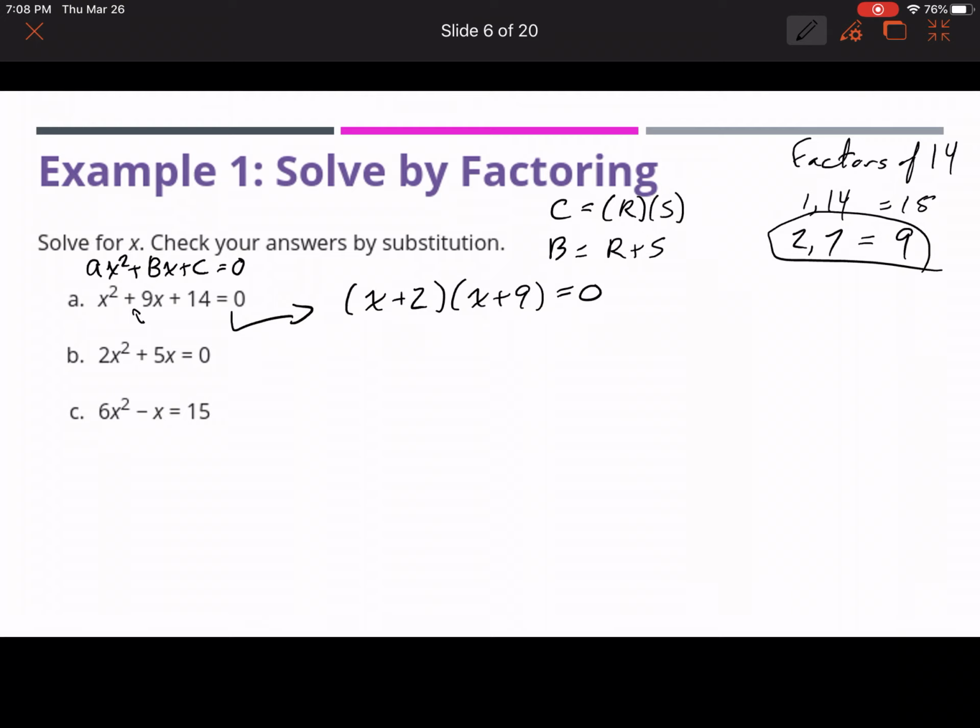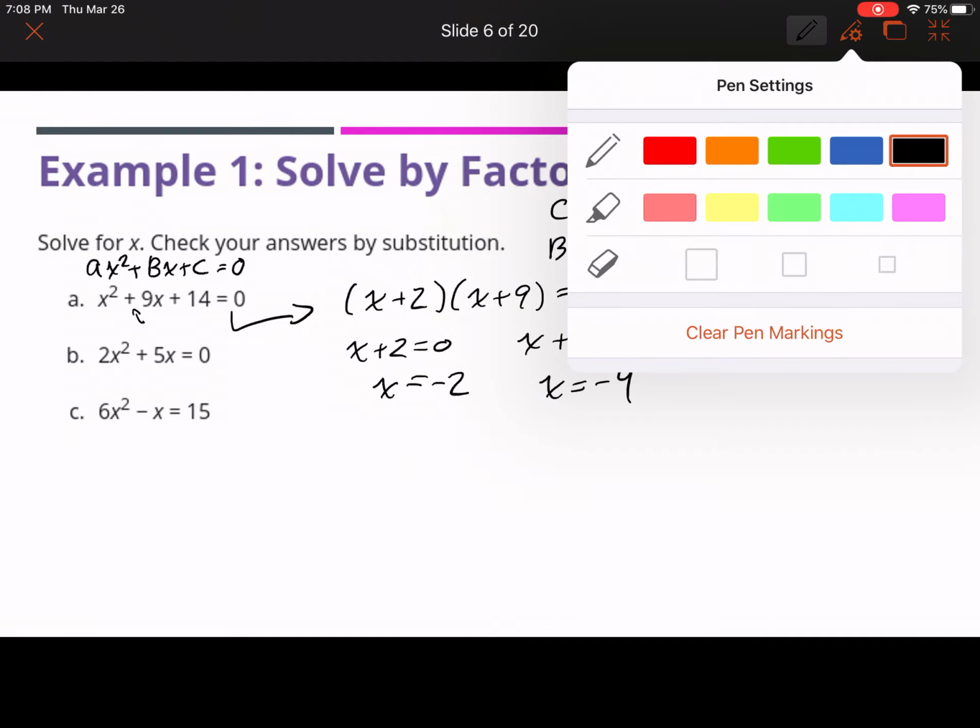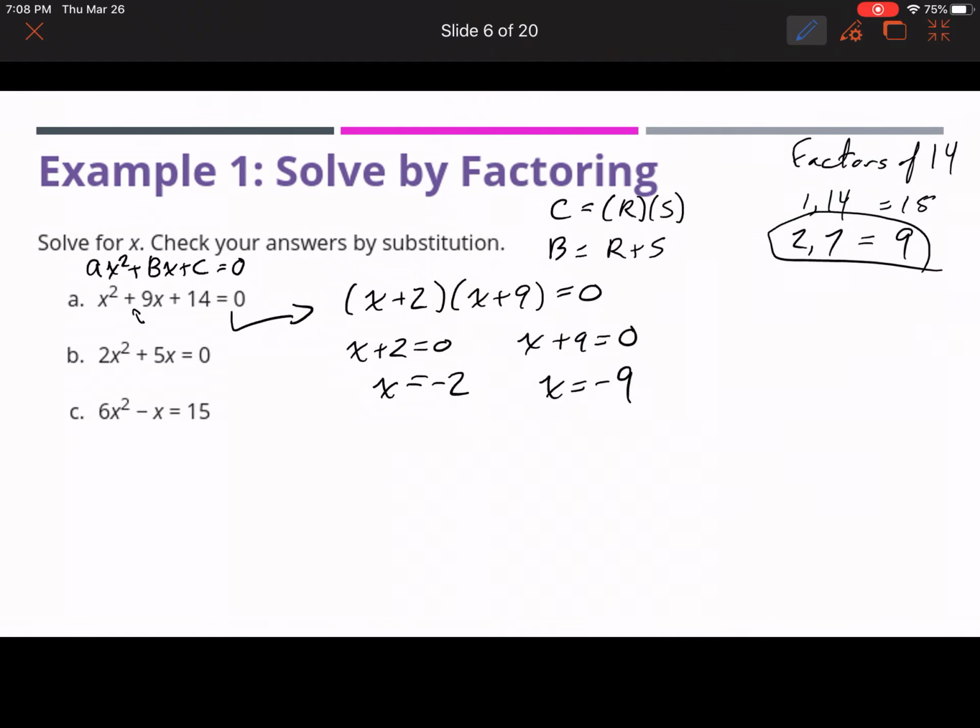And then to solve it, we make the first term equal to 0, we make the second brackets equal to 0. There you go. Then we always need to do the check. Again, go back to the original formula in case you made a mistake going with your factoring.